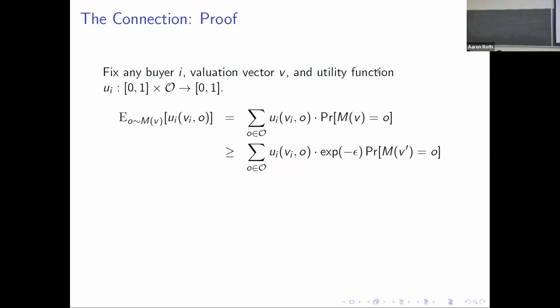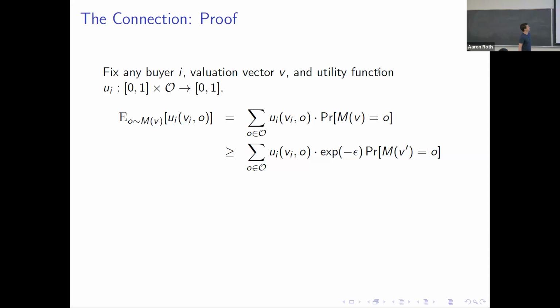So if he misreports, the input to the mechanism is v prime rather than v. Well, the probability that this mechanism under his misreport produces some particular outcome O, chooses some particular price to charge, is the same as it was before, except possibly larger or smaller by an e to the epsilon factor.